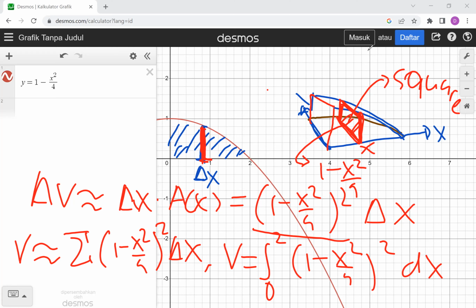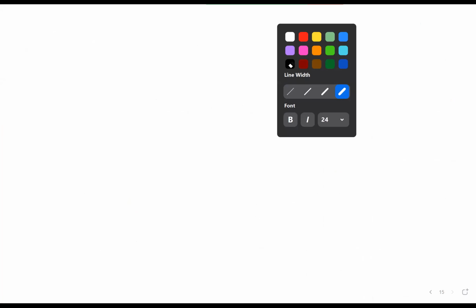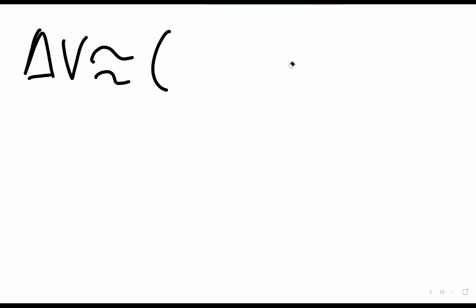Continuing the calculation on the whiteboard, the first step is to sketch and then approximate the volume of the solid. The volume of the slice is (1 minus x squared over 4) squared delta x.